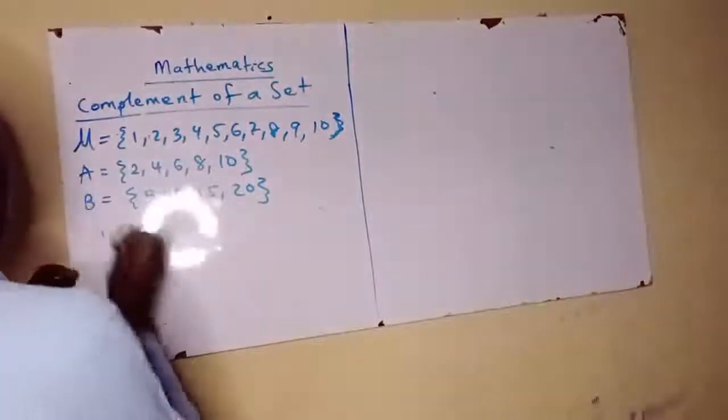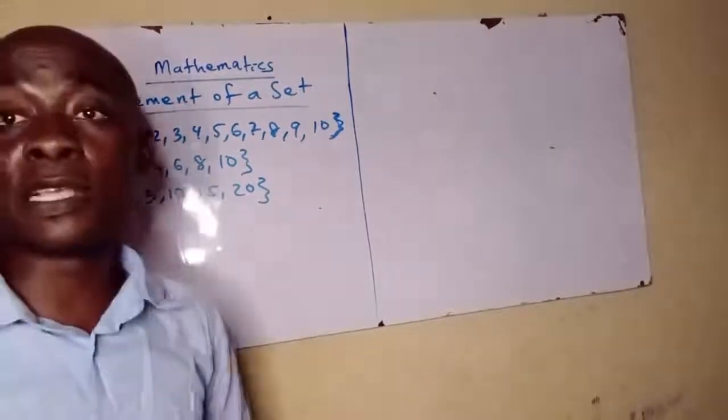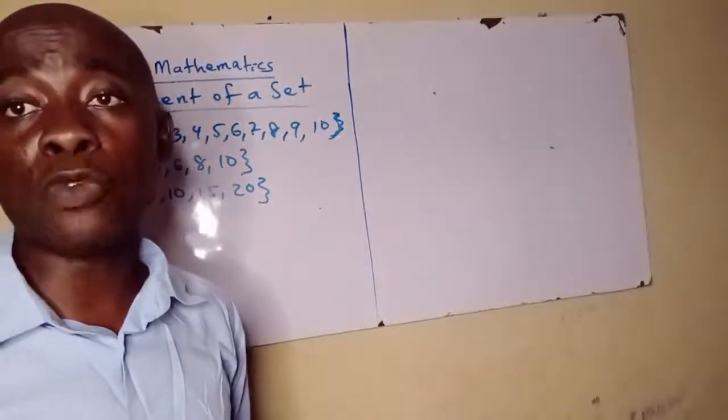Now if I want to talk about A complement, this symbol is used to represent A complement. And how do I go about this?